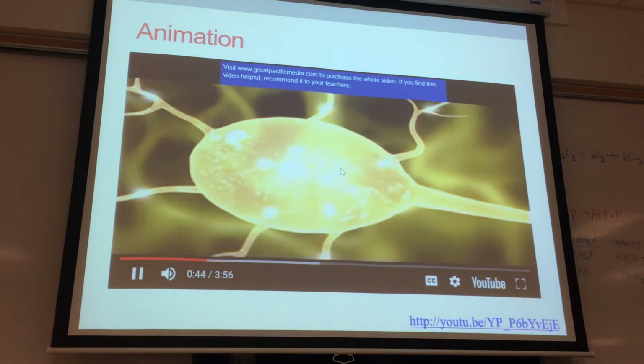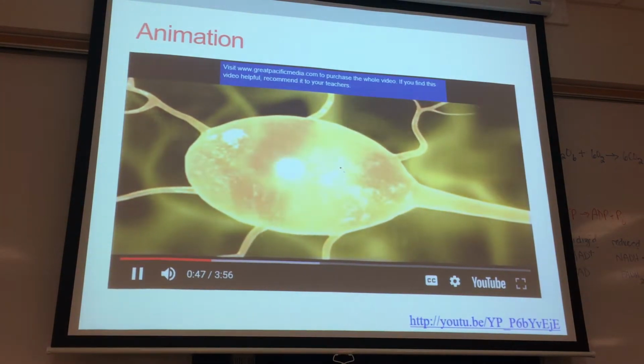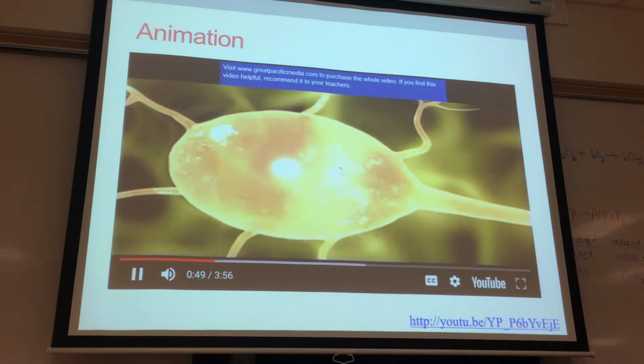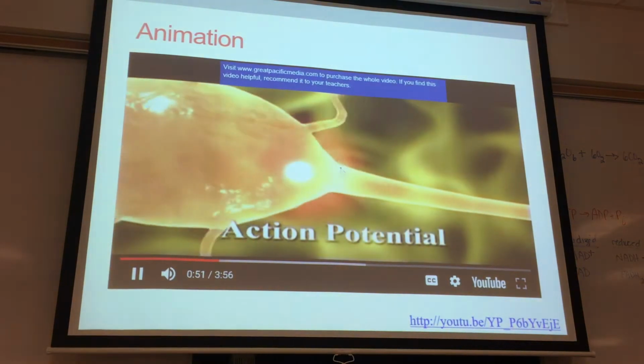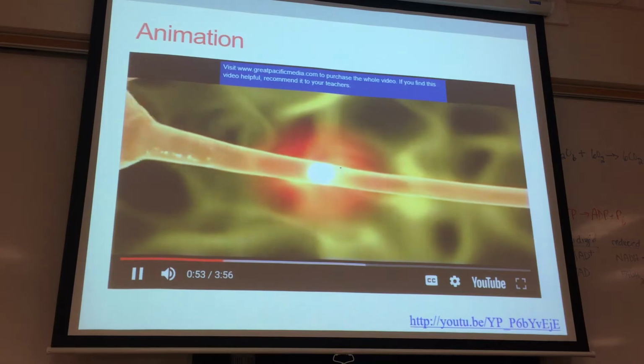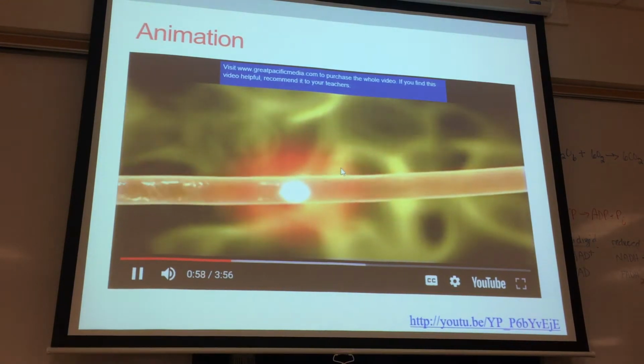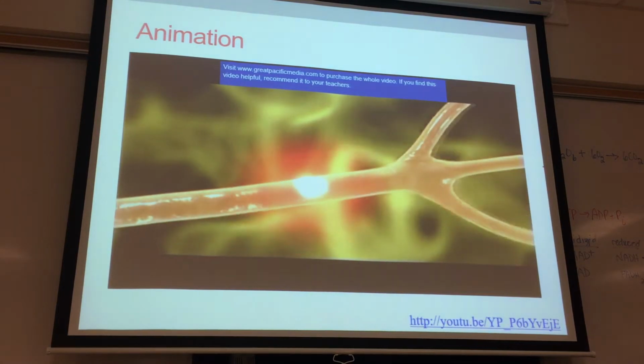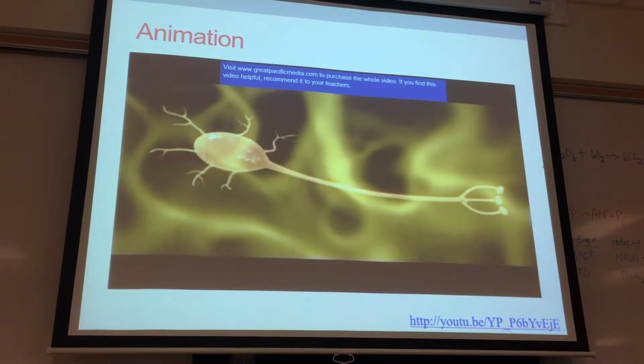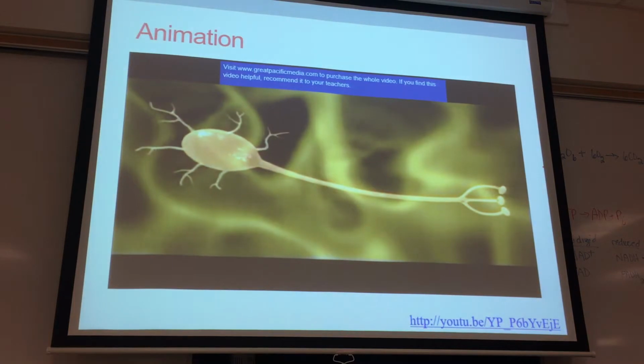If potential is made sufficiently less negative, it reaches a level called threshold, and an action potential is triggered. During the action potential, the neuron suddenly becomes 20 to 50 millivolts positive inside. Action potentials last a few milliseconds before the cell restores its negative resting potential.